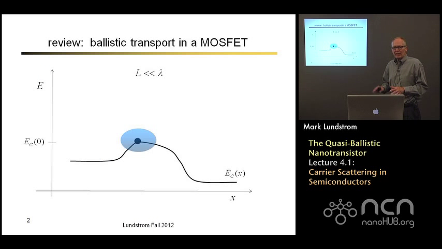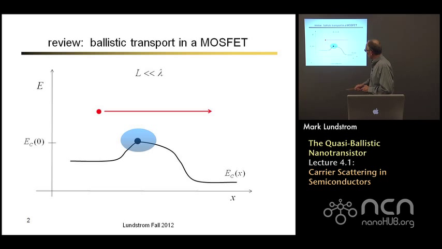So just by way of review, let me remind you what we mean by ballistic MOSFETs, ballistic transport. For ballistic transport, we're thinking of a device that is short compared to a mean free path, or the distance between scattering events. Electrons essentially are injected from the source.